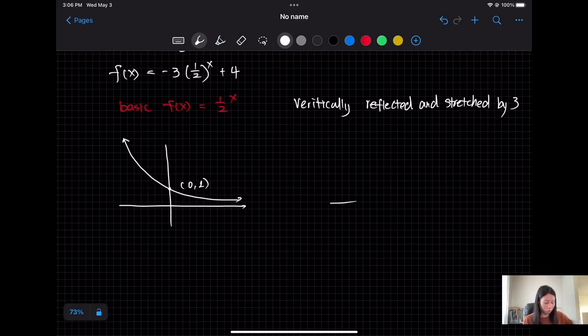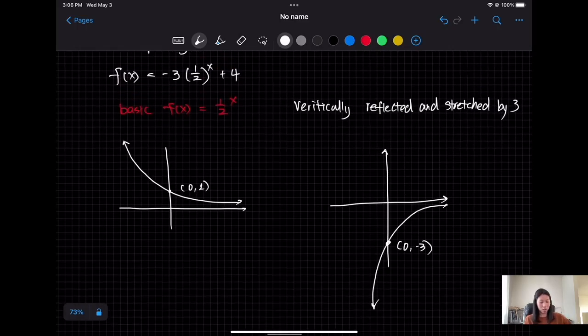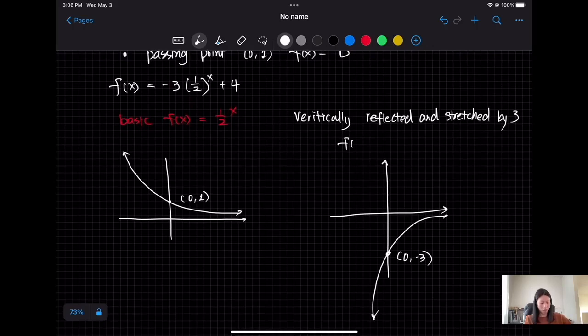So the function is going to look like this one. So here is going to be (0, -3). And then after that, f(x) looks like -3 times (1/2)^x.